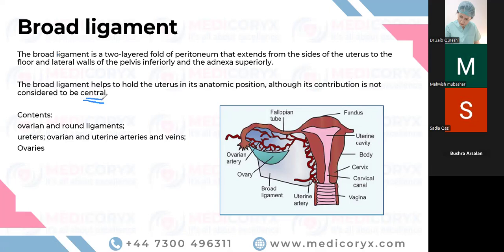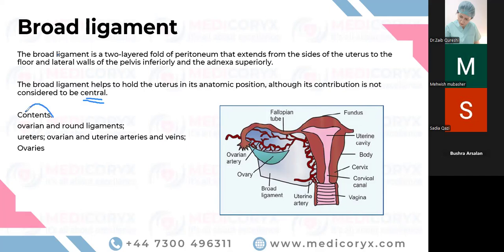If the broad ligament is not performing its function, there will be no major prolapse. But if other ligaments are weakened or not strong, they will cause what? Yes, prolapse. Very good, they will cause prolapse. Attachment, Dr. Seher, very good, correct answer.